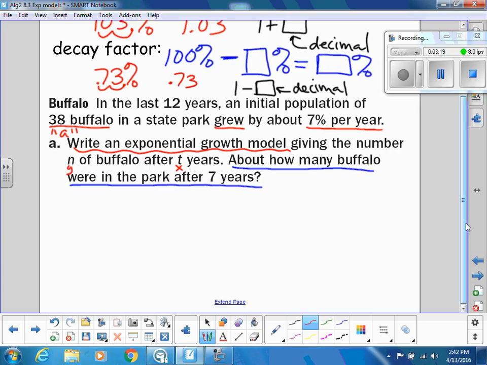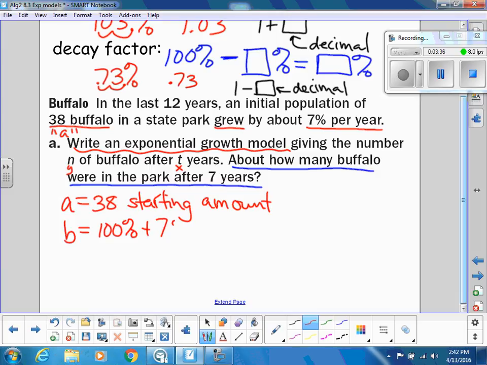So first we're going to write, we said our A is 38. That's our starting amount. Our B is going to be 100% plus the 7%, right? So that's 107%, but I don't want to put 107 as my B. I want to move that decimal point twice. So B is 1.07.